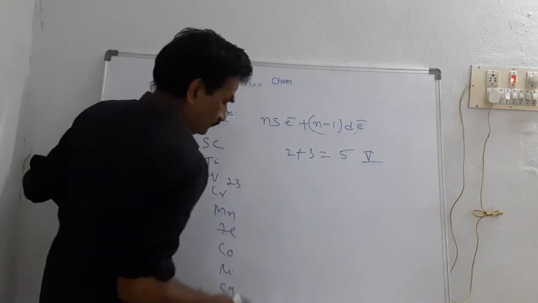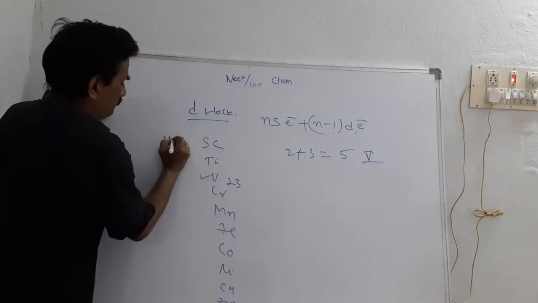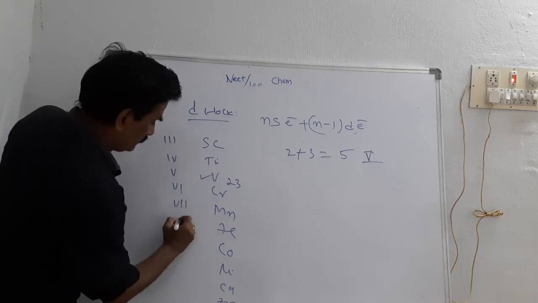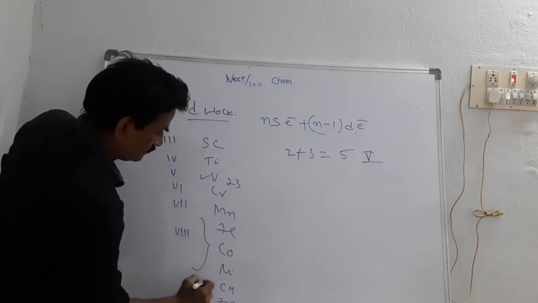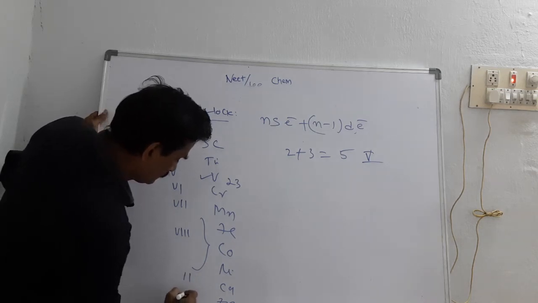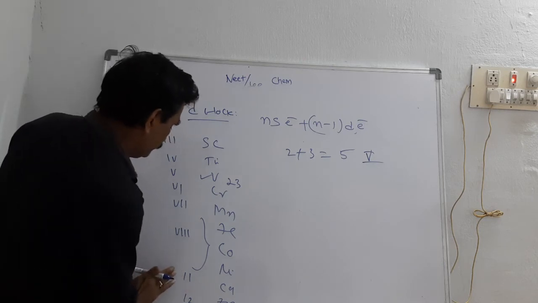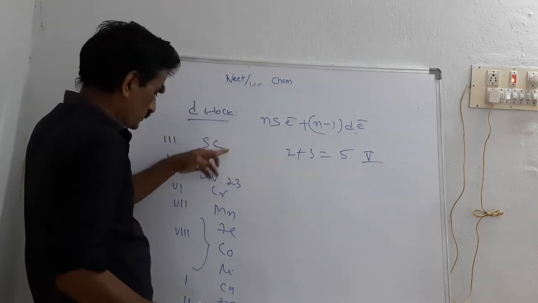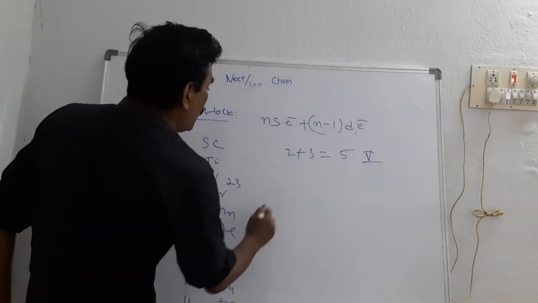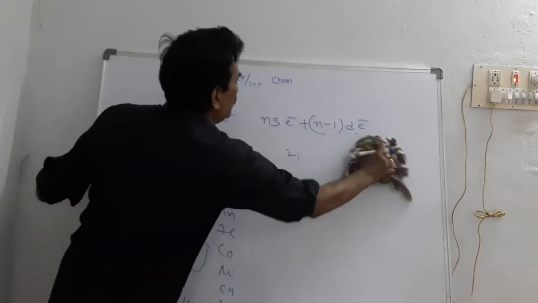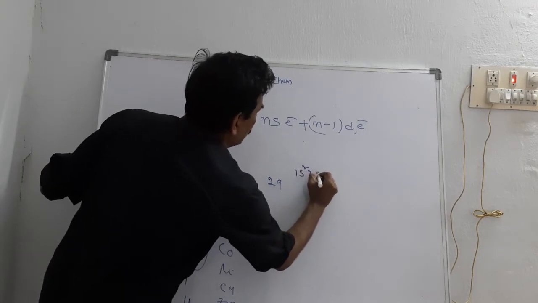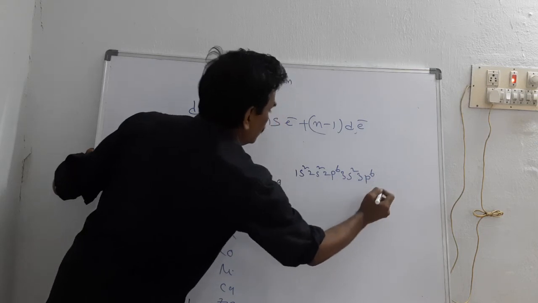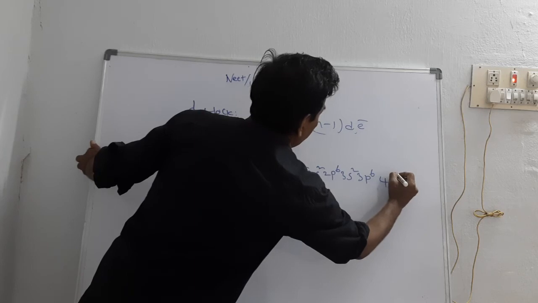Copper, atomic number 29: 1s2, 2s2, 2p6, 3s2, 3p6, 4s1, 3d10.